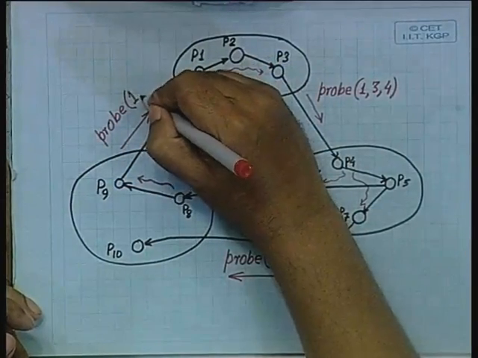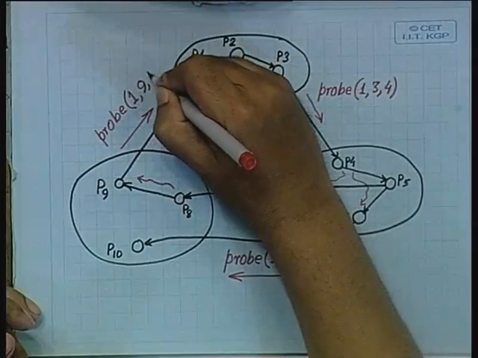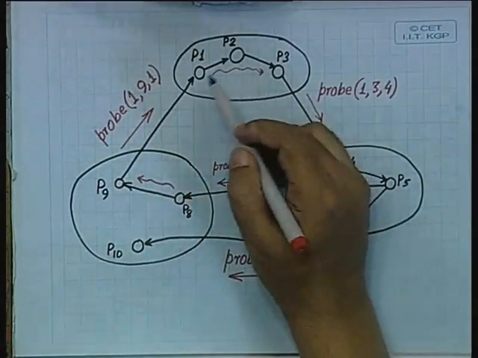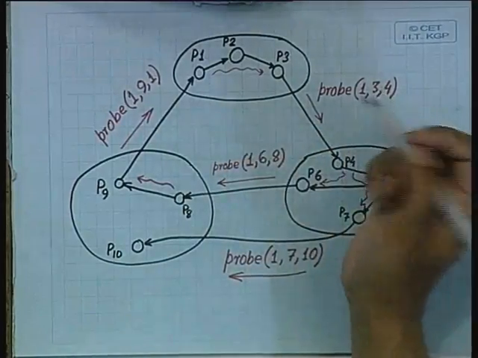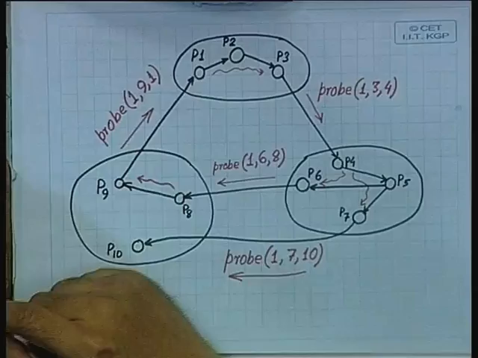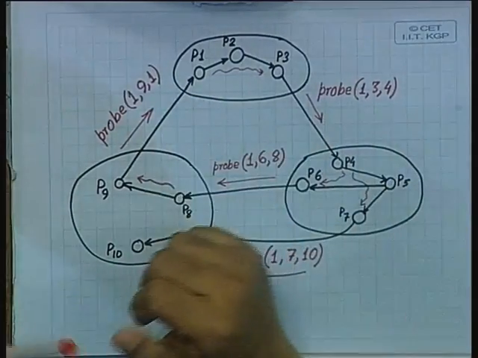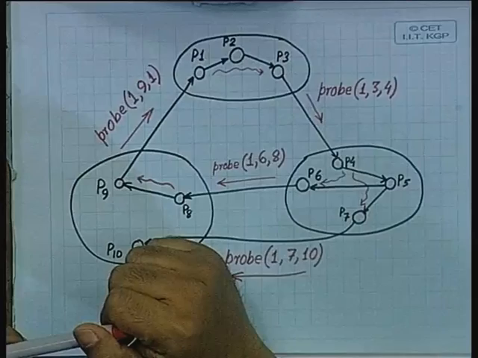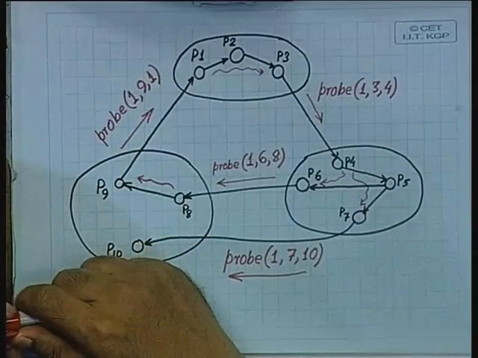Probe 1 9 1 to P1. Now, whenever a node gets back a probe initiated by it, it declares a deadlock, because now there is a complete cycle. All right.